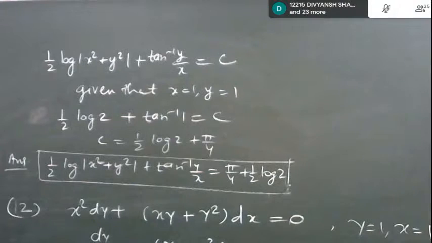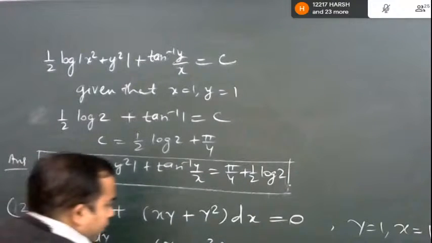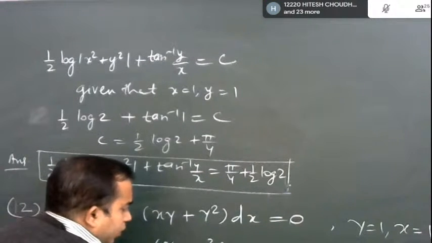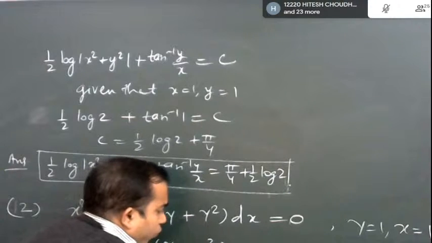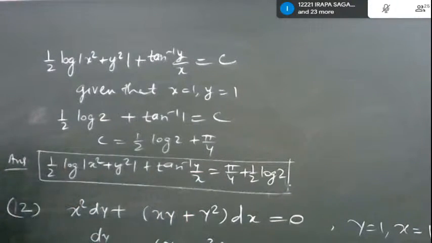Let us substitute, putting y equal to vx and dy upon dx equal to v plus x dv upon dx. So let us make the substitution.